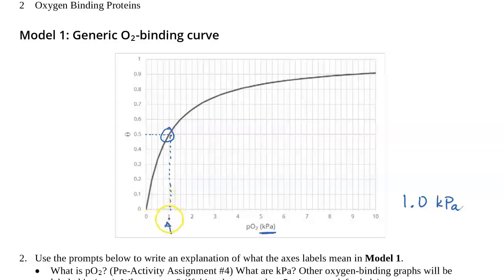I could for sure estimate to the nearest tenths place, so 1.0. It looks to me like there are lines on this graph at 0.25, 0.5, 0.75, and 1. So perhaps I could estimate even one more decimal place, but I'm satisfied with 1.0.